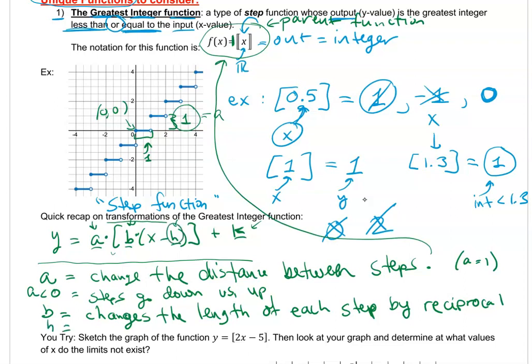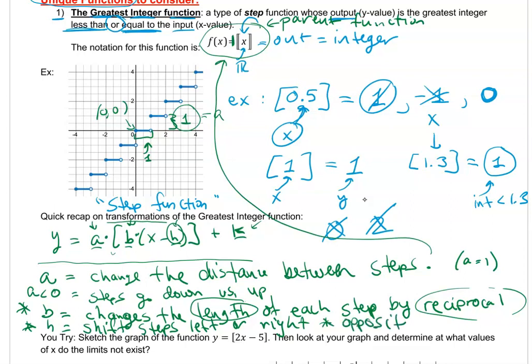h, the number being subtracted from x inside the bracket, is going to shift your steps left or right. And we have to also remember about h. I'm going to put a star by both b and h. Anything inside a function is going to do the opposite. So b changes the length of each step by a reciprocal, and h will shift your graph left or right, and I'll just put a little star here.